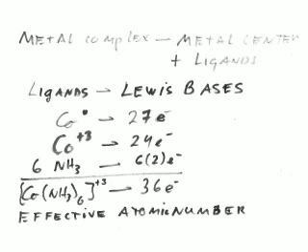So what do we see happening? Well, if we start out with cobalt, cobalt all by itself has 27 electrons. If we form a cobalt plus 3 ion, it now has 24 electrons. And so it's clearly electron deficient and would like to have more negative charge around it. Which brings up the 6 ammonia molecules acting as ligands. Each of the ammonias has a lone pair, and it donates that lone pair to the metal center to form a coordinate covalent bond.